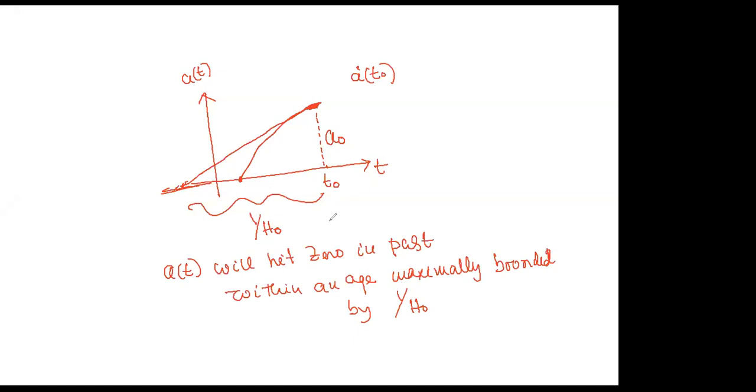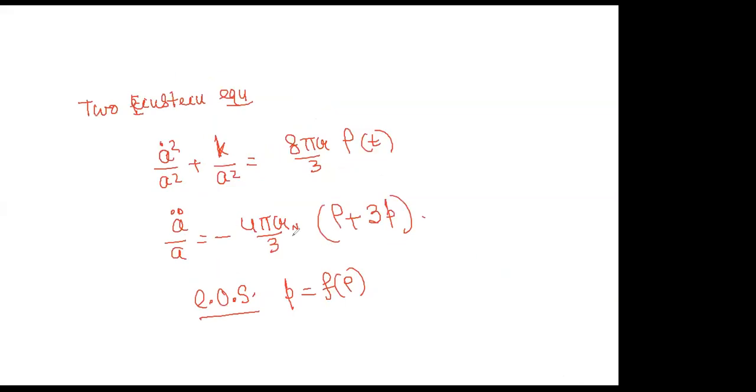Maximum 1 by H naught means it will be at least less than 1 by H naught. A will always hit 0. It always will happen. Just from this equation, we can conclude.